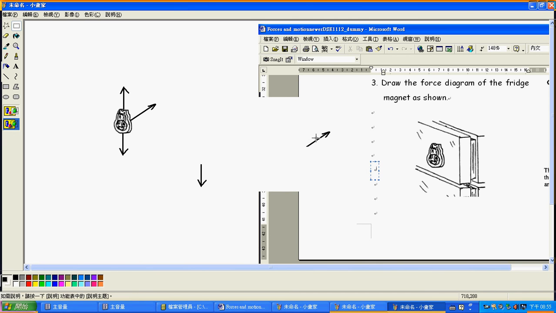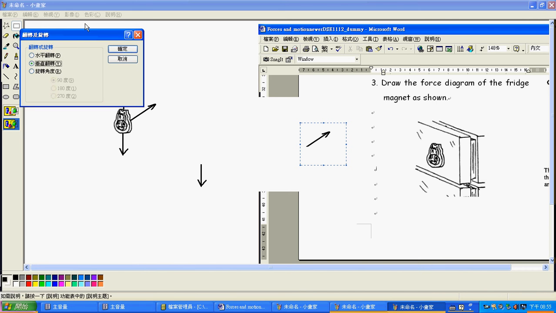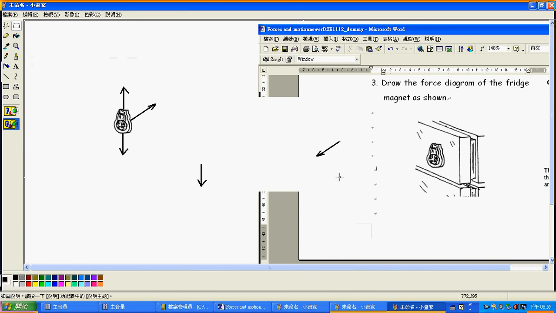So this is the normal reaction. So let me turn it 180 degrees. Alright, make it a little bit longer. So this is the force preventing it from going into the door. So these are all the forces acting on it.